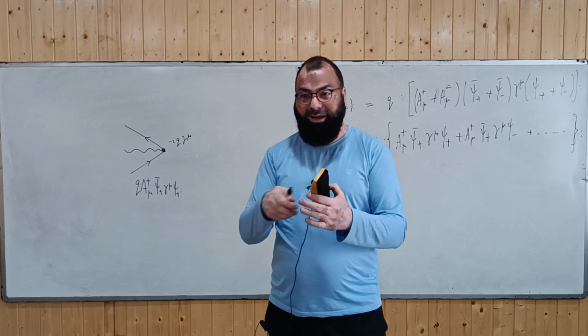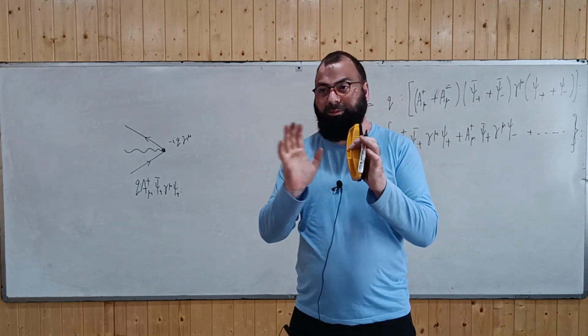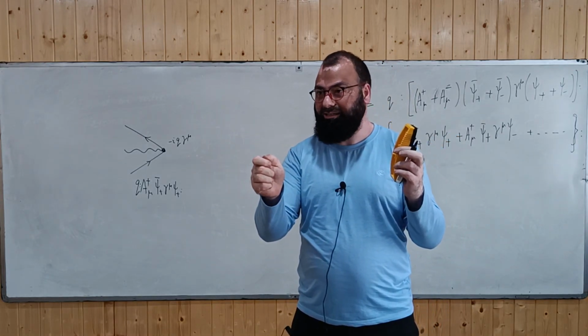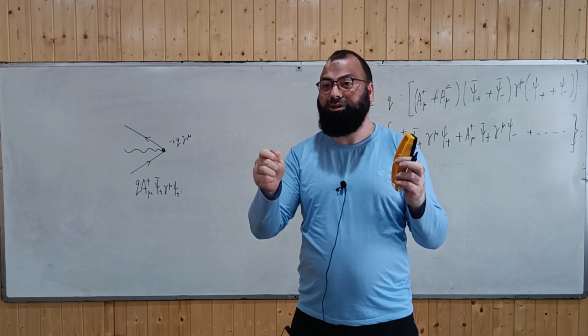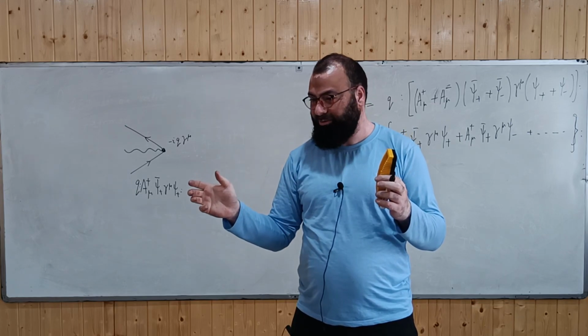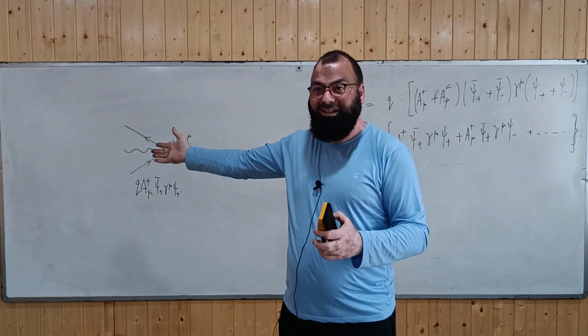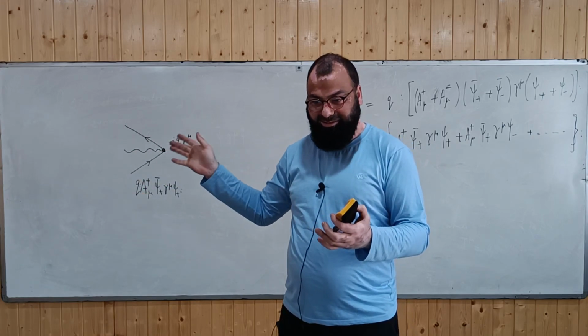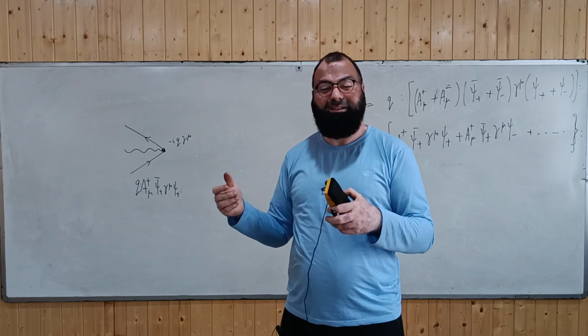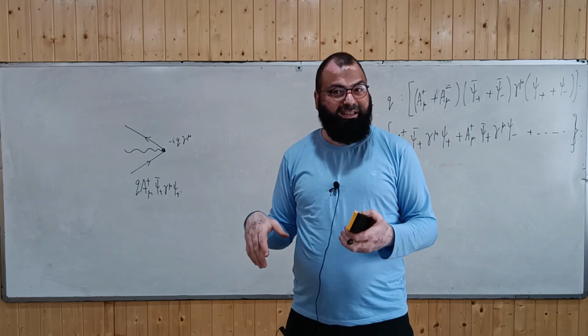Clear? But in the normal routine, when you annihilate a photon, it is an initial state. So you create what? Fermion, antifermion. Where will they go? To the final state. But where are they going here? In the initial state. So all these particles are where? In the initial state.